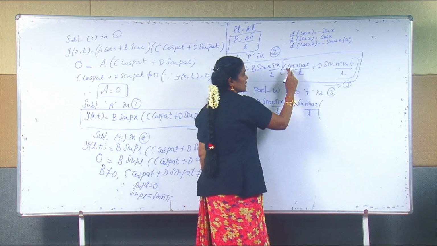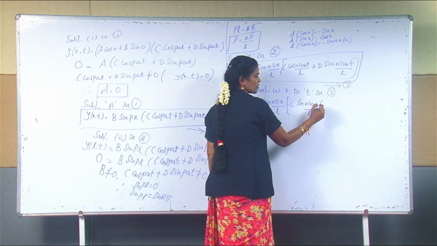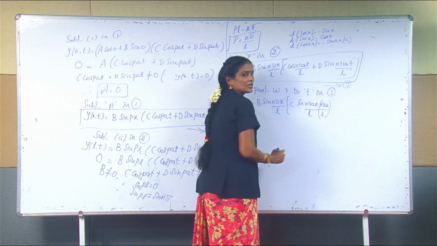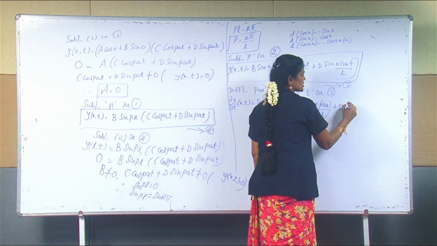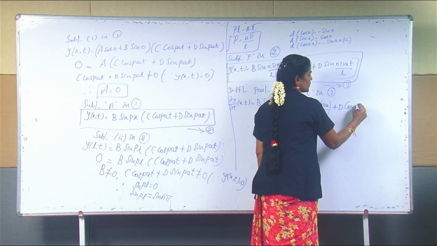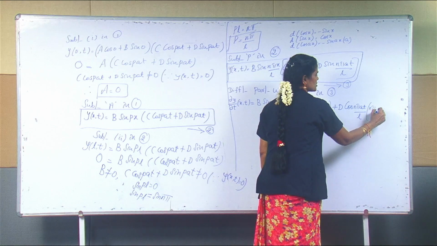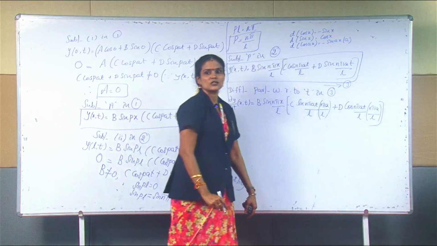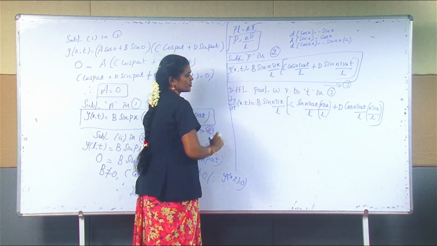So cos becomes minus sin(n pi at by L) into n pi a by L, plus d into cos(n pi at by L) into n pi a by L, since differentiation of sin is cos.